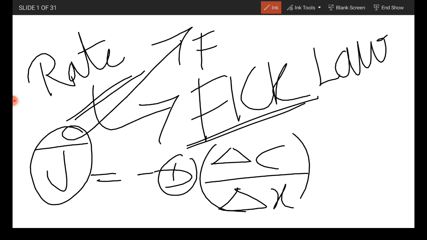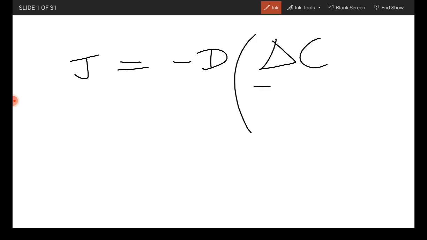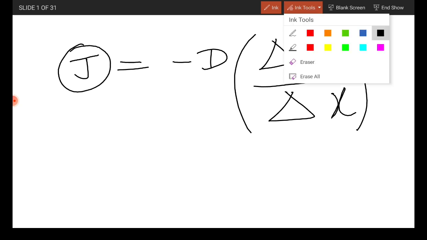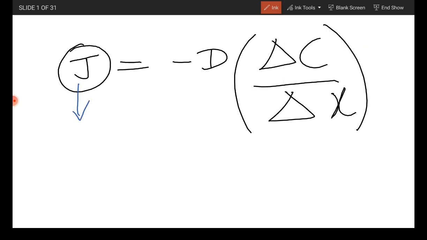We are getting deep into this topic of diffusion. J is equal to minus D delta C divided by delta X. J is the flux per unit area.